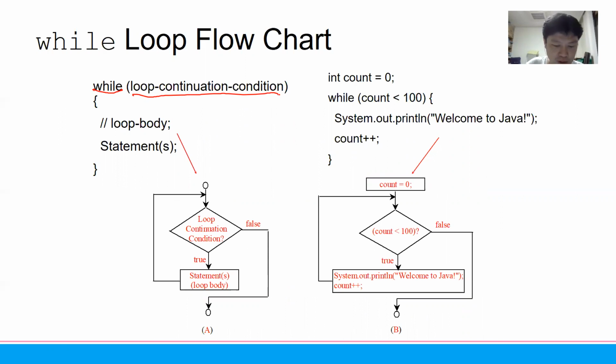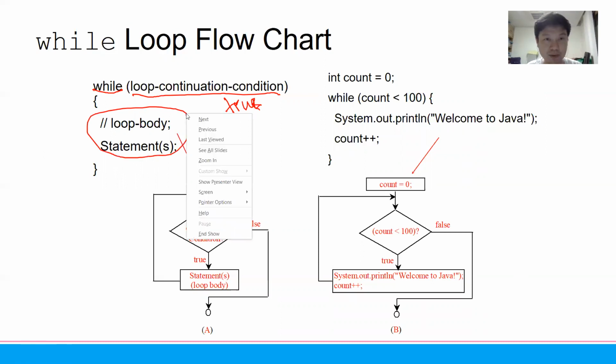If the condition is true, then the statements inside the curly brackets, which are the place for the statements, will be executed. If you are doing it with a flowchart, you can see it like this.